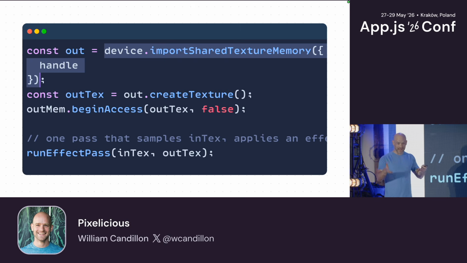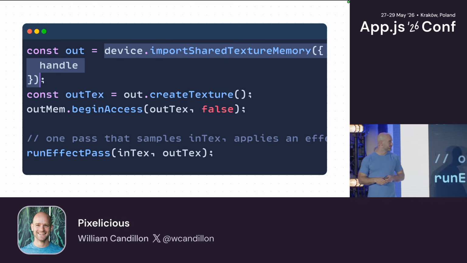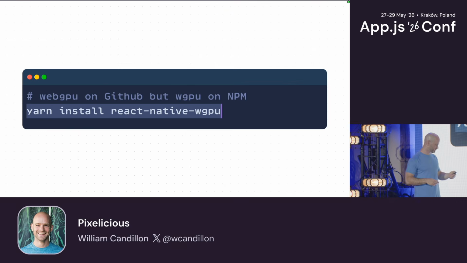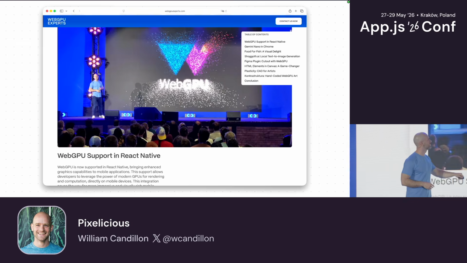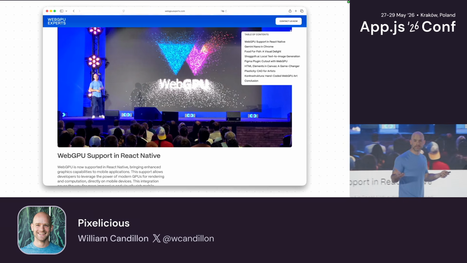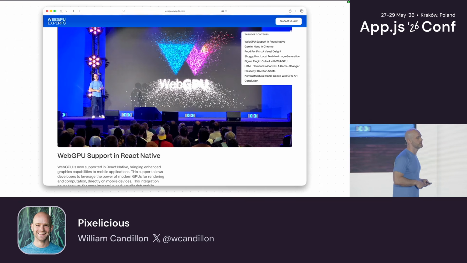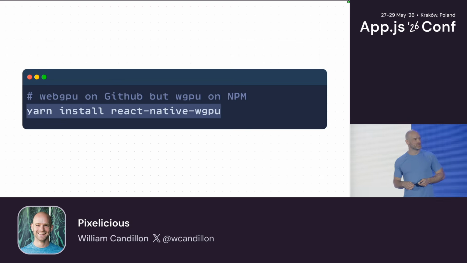Now, when we announced React Native WebGPU here on stage, I was very excited. I was so excited that I forgot to register the package name on NPM. So I had to name the module React Native WGPU.